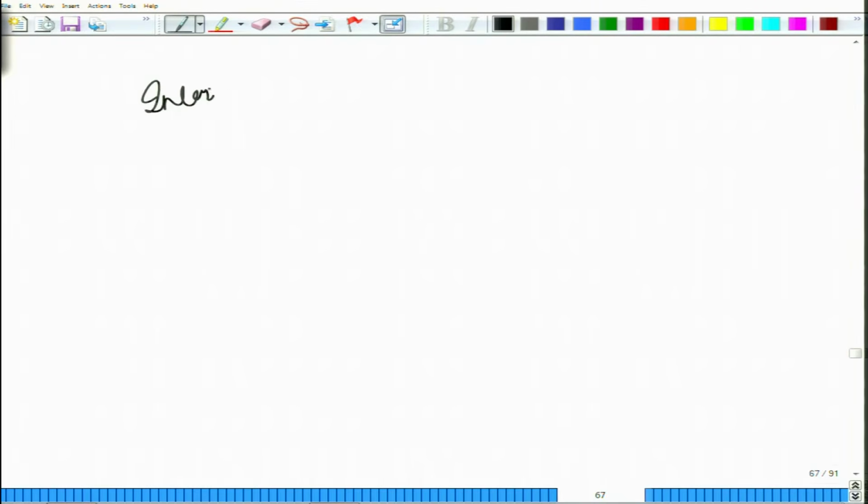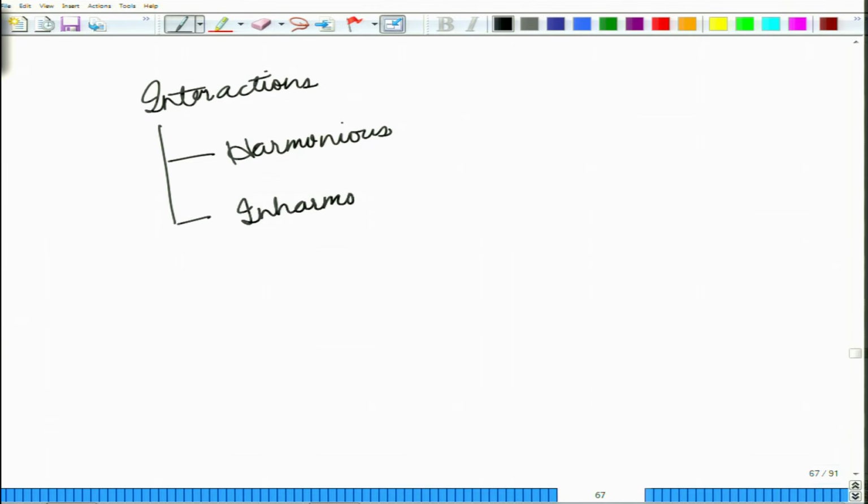So, what are the key terms that we have in this lecture? We have interactions, and these interactions can be harmonious or they can be inharmonious.